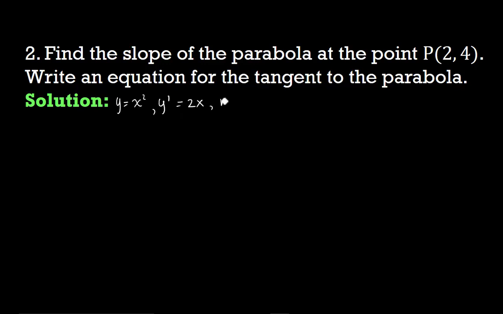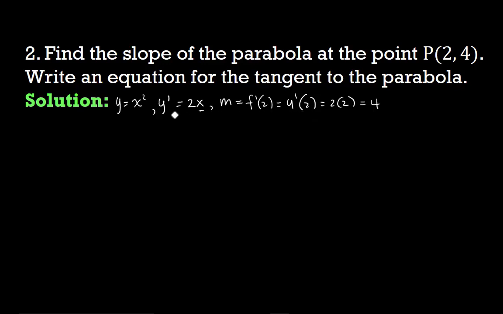Then the slope of the line tangent to the curve at the point when x is equal to 2 would be f prime of 2, that is y prime of 2. So that's 2 times 2, which you substitute x equal to 2 here, so you get 4. So the slope of the line tangent to the curve at x equal to 2 is 4.